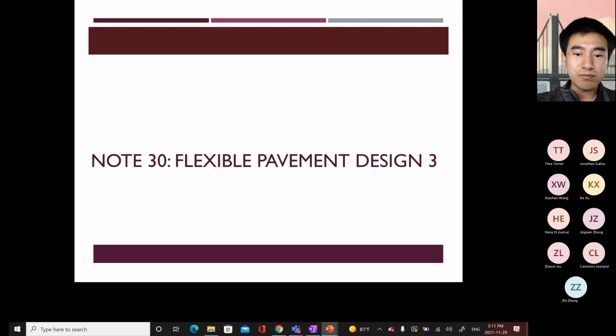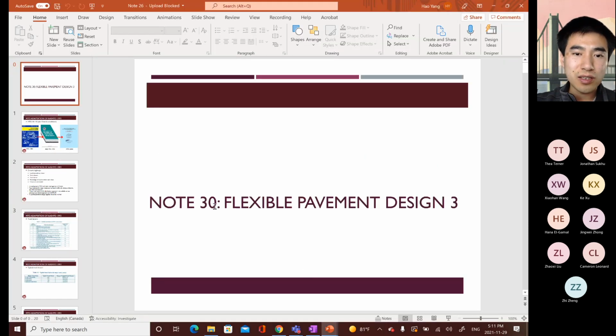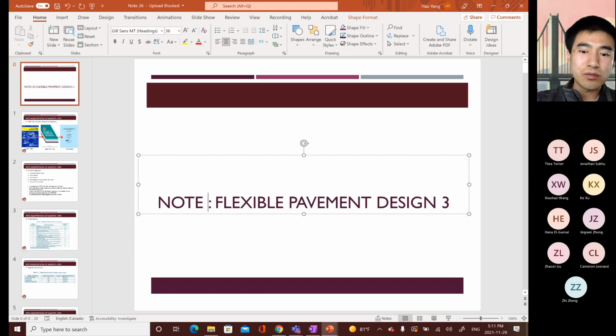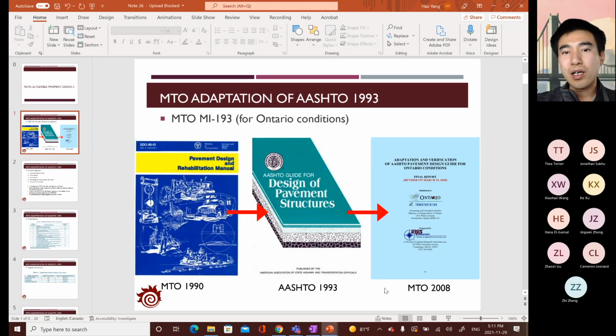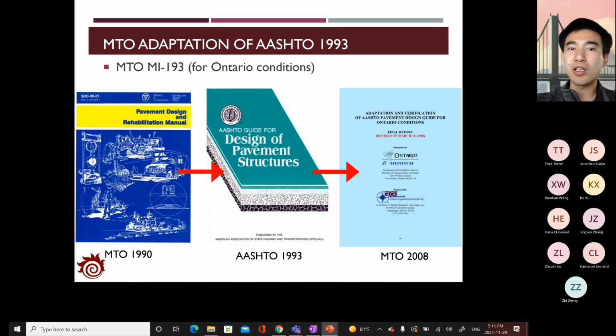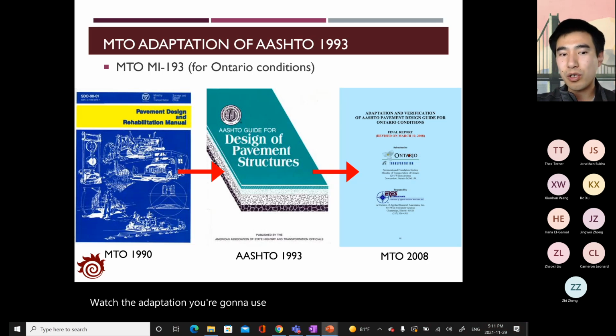So this will go to, I guess I put the wrong lecture number, this will go to lecture 26, flexible pavement design 3. We're going to give you a brief introduction about the adaptation we use in Ontario to design the pavement.